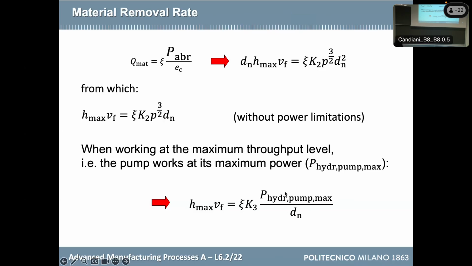It seems that, I repeat, if this is constant, when I reduce the diameter of the orifice, I'm somehow better concentrating the power, right? And so if the denominator here becomes smaller, this ratio becomes higher, and so also the first member becomes higher.